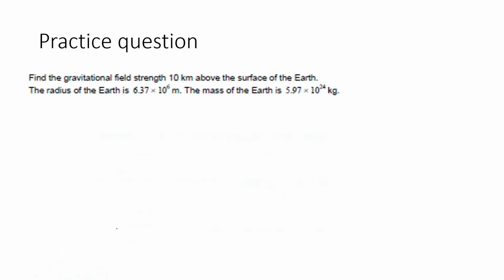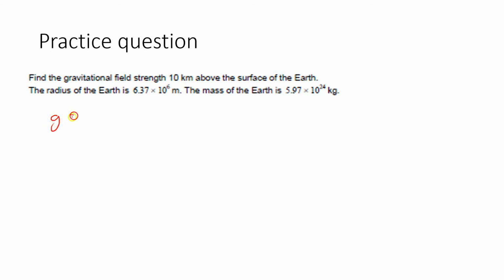It says find the gravitational field strength 10 kilometers above the surface of the Earth, providing that the radius of the Earth is 6.37 times 10 to the 6 meters, and that the mass of the Earth is 5.97 times 10 to the 24 kilograms. So firstly, we must recall a few things here.